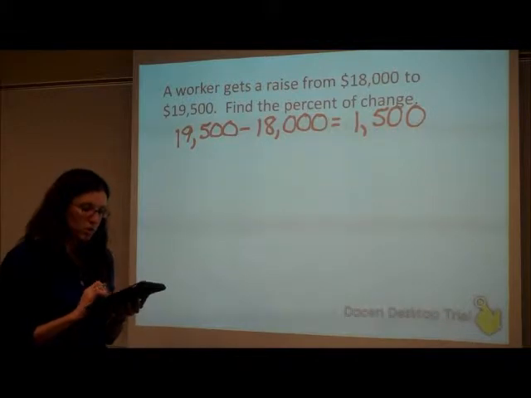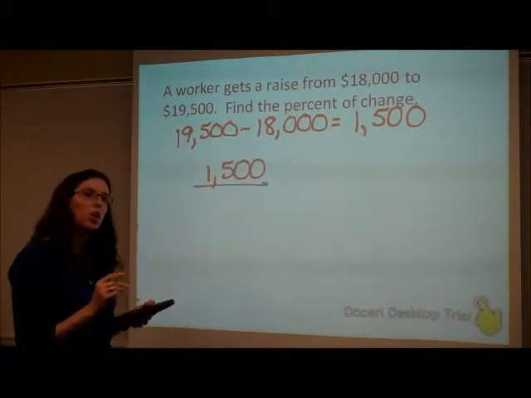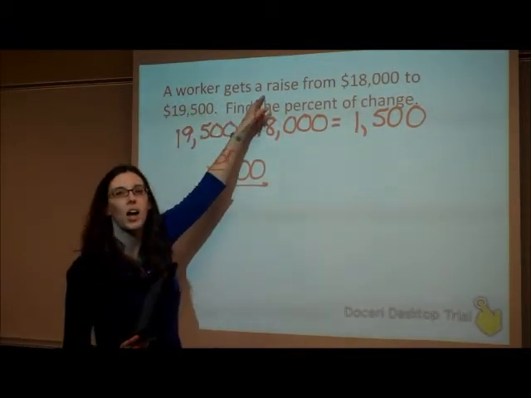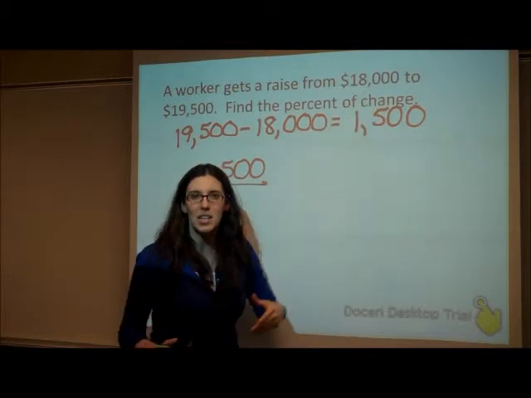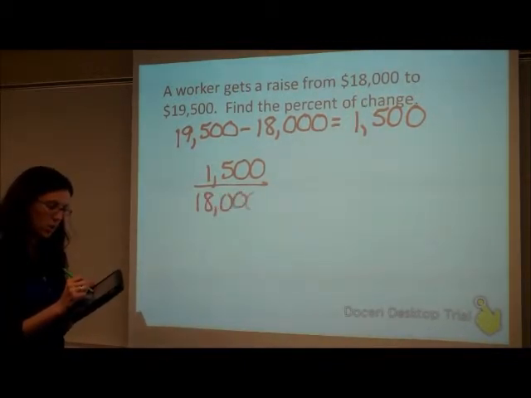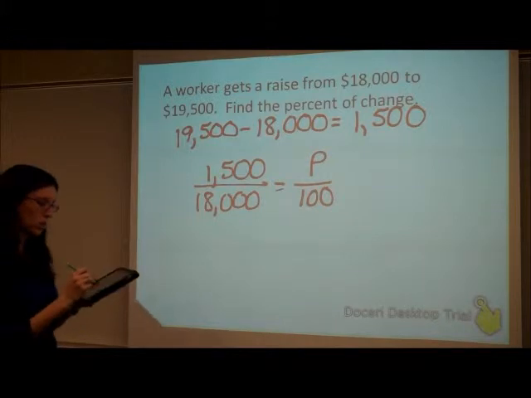Filling in my proportion would be 1,500, that amount of change, over the original. So what was his original salary? That's the $18,000. So that will be my denominator, equals the percent of change over 100. Ooh, I'm going to have a lot of zeros.